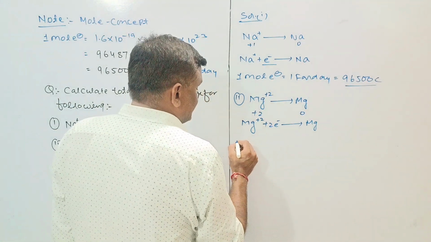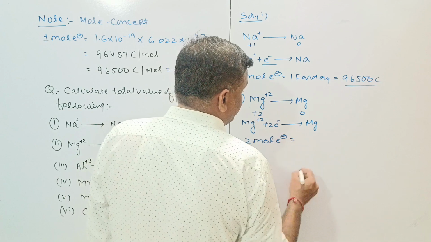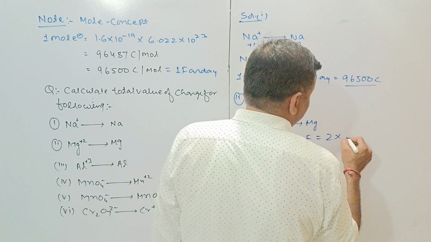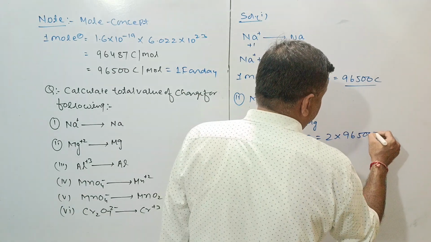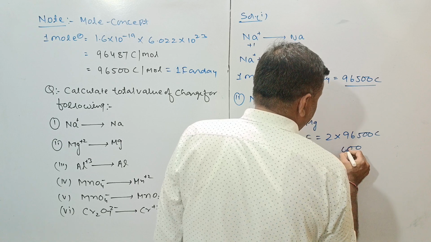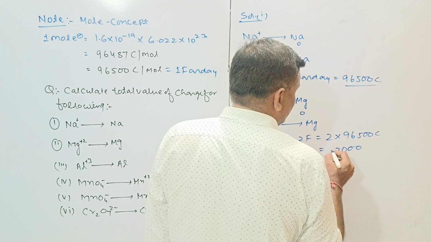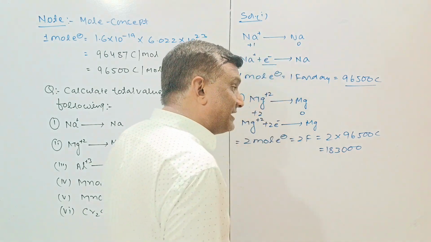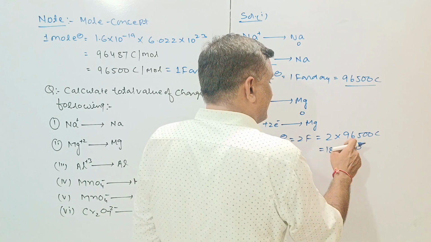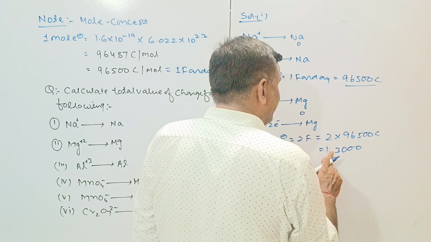So here we require 2 moles of electrons, which means 2 Faraday, or a total charge of 2 into 96500 coulomb. If I go with the calculation, 2 fives are 10, 2 sixes are 12 and 1 carried is 13, 2 nines are 18 and 1 is 19.